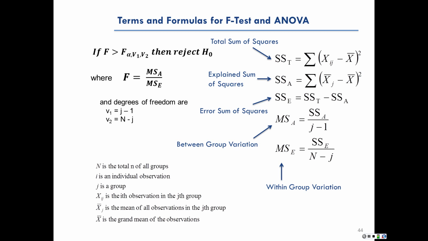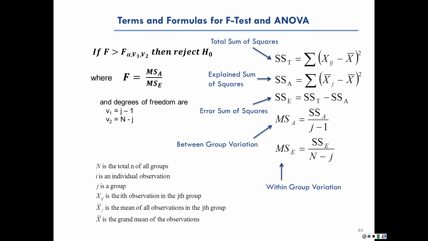What is the explained sum of squares? The explained sum of squares is you're taking the mean for each group. So notation here, J refers to an individual group, right? You're taking the mean for each group, you're subtracting out the overall mean, and you're squaring that.